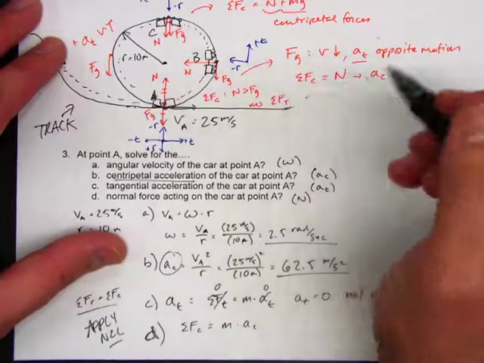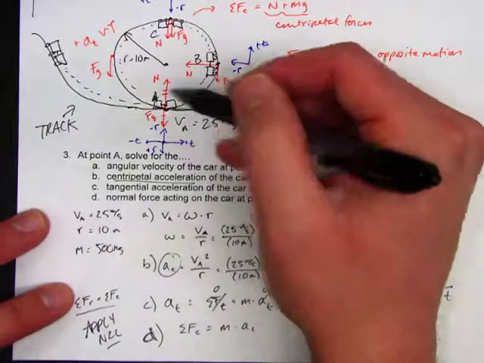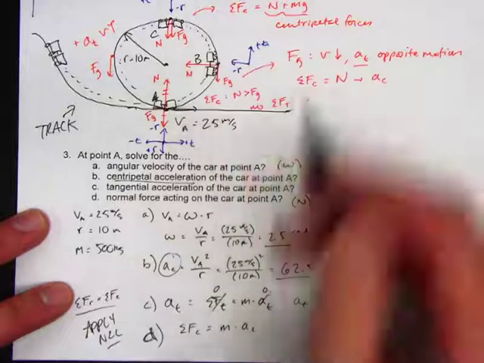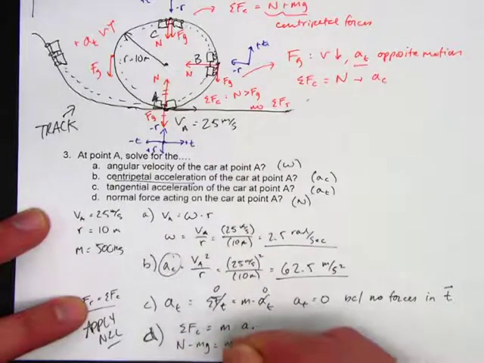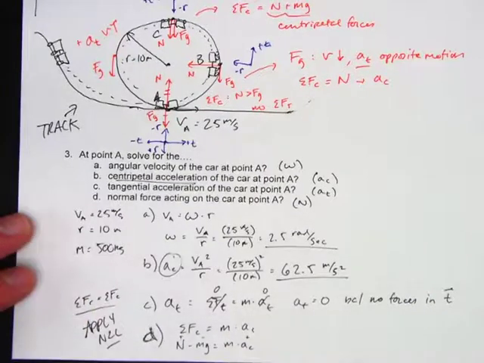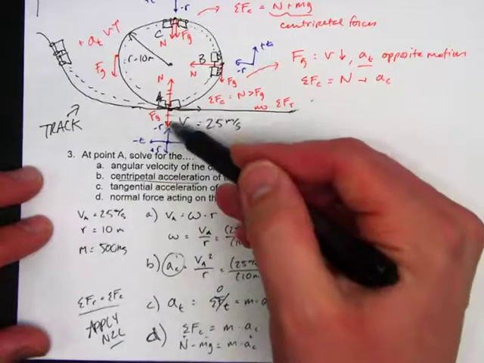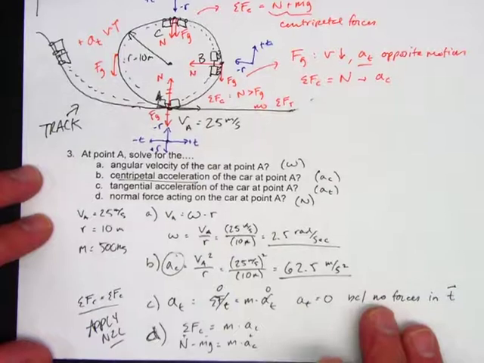So for the purposes of solving this, if I call a sub c positive inward, I'm going to say normal minus mg is equal to m times a sub c. I'm calling the normal force positive and gravity negative. You can solve it with the opposite directions too, but then you have to call a sub c inward negative. You've got to be consistent with that.